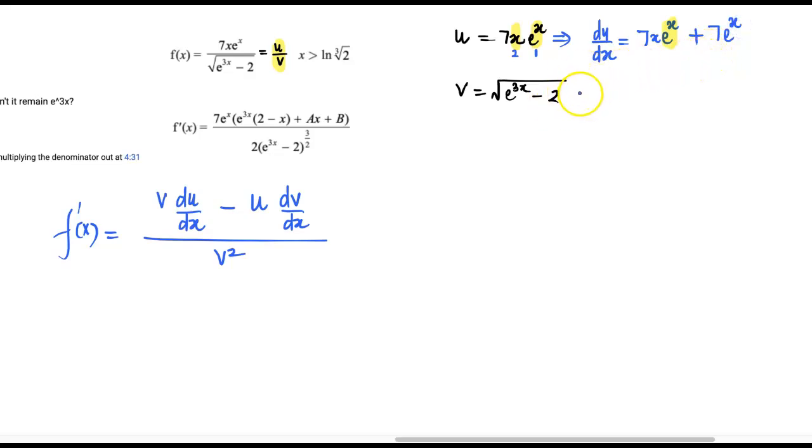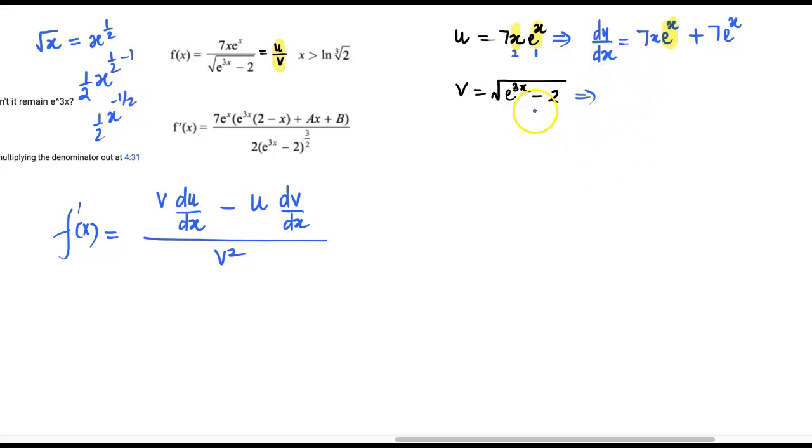Now, what do we get if we differentiate this? If it's root x, that is actually x to the power half. If you differentiate that, you get half x to the power half minus 1, which gives you half x to the power negative half.